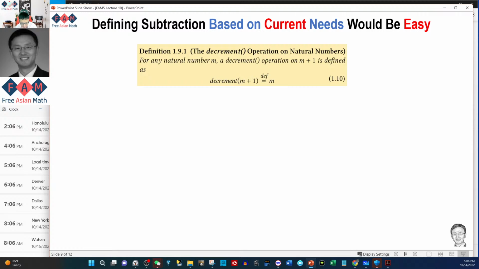For any natural number m, the smallest m is 0, and therefore the smallest m plus 1 is 1. It cannot be 0. So our decrement operation now is well defined. We don't have anything to worry about because we are defining decrement on m plus 1 rather than m. That's why this is the case.